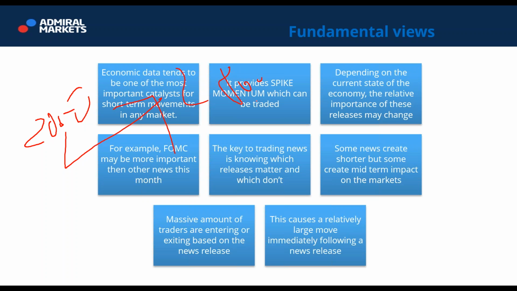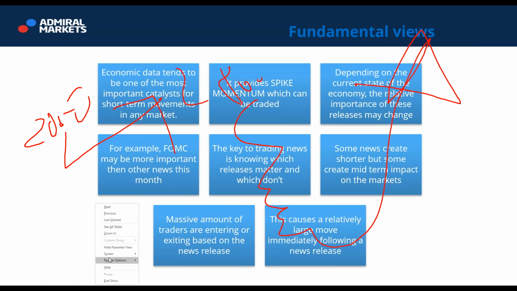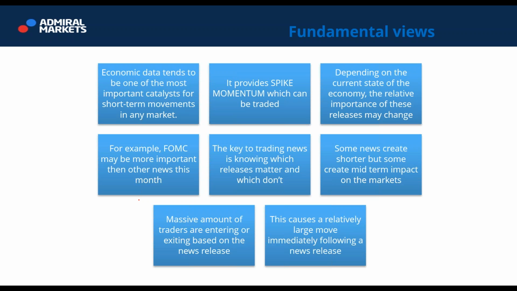So this again proves how spike momentum in the Forex market can also be false, because at least we could have seen some bigger retracement to buy it afterwards. But then it didn't happen, and pound kept making higher highs and higher lows. Basically, we will buy pound on dips.